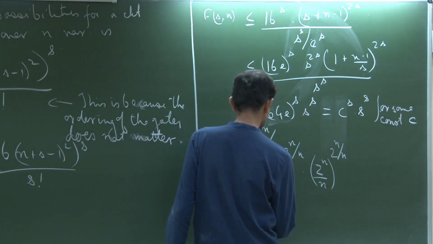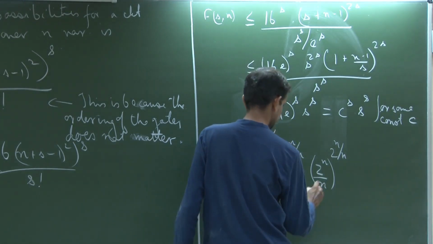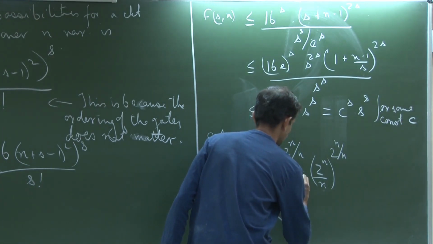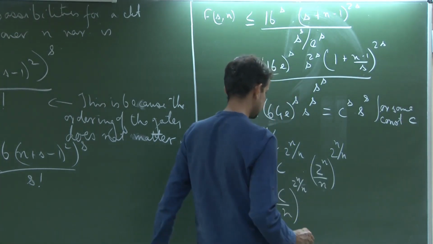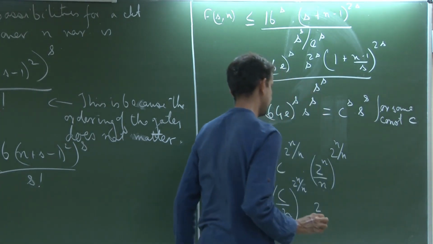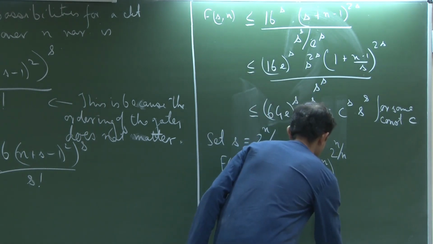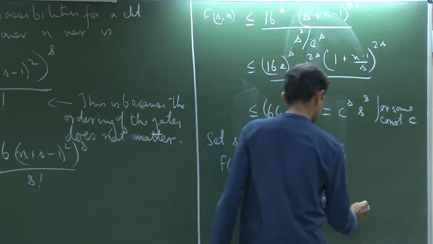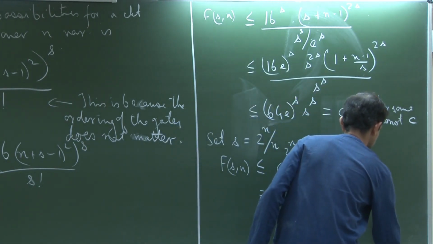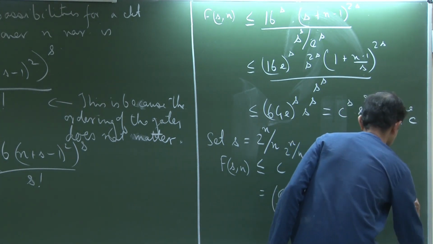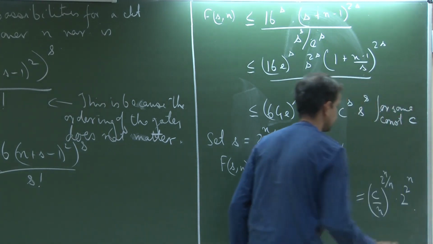This becomes equal to (c by n) to the power 2 to the power n by n, I take this n outside, times 2 to the power n times 2 to the power n by n. So, this n and n cancels out. So, we get (c by n) to the power 2 to the power n by n times 2 to the power n.